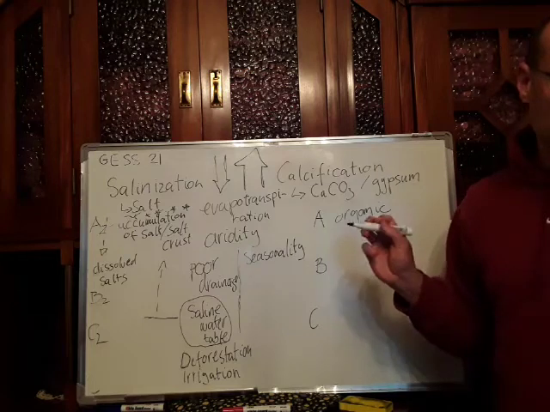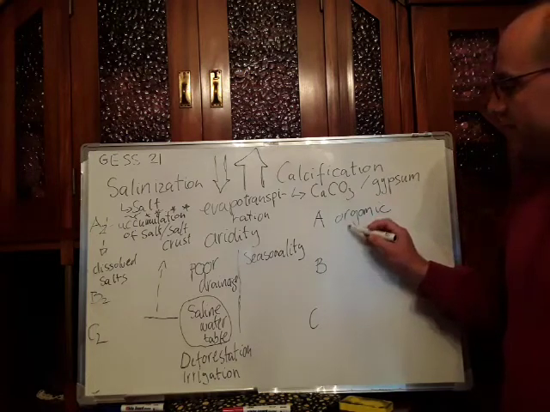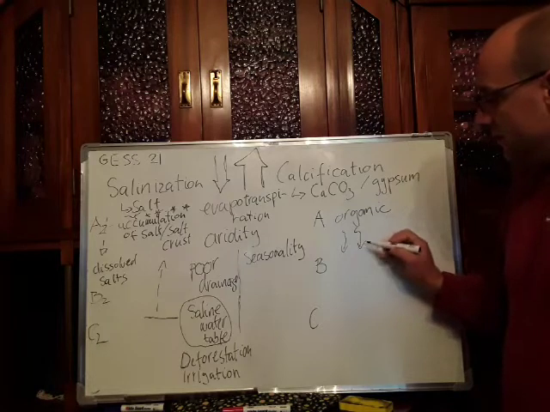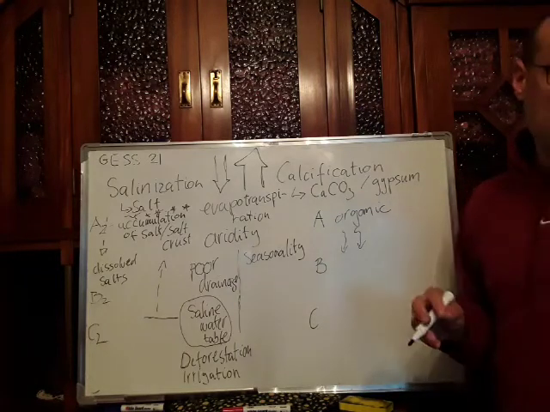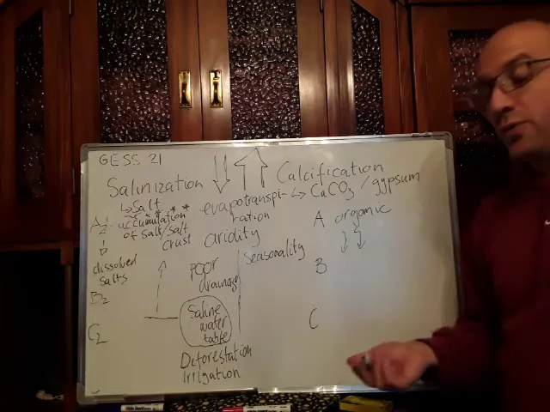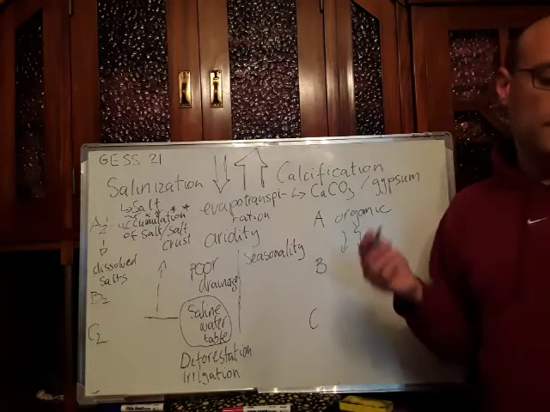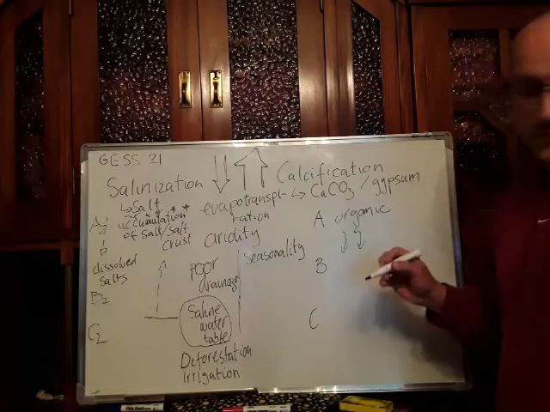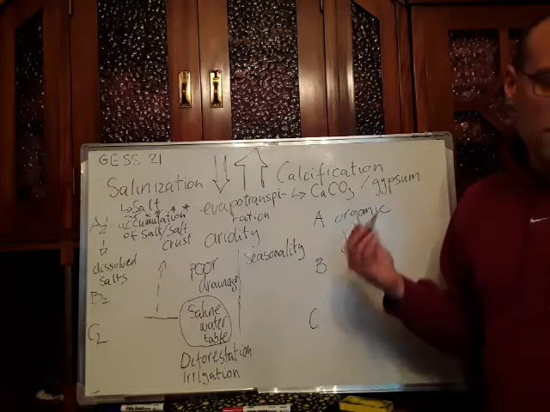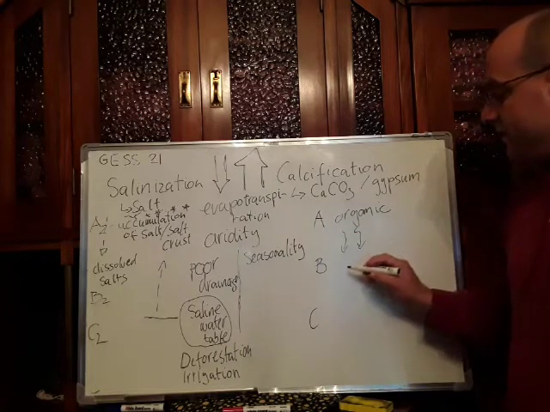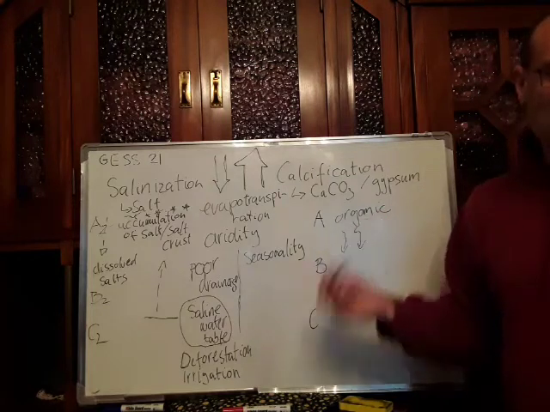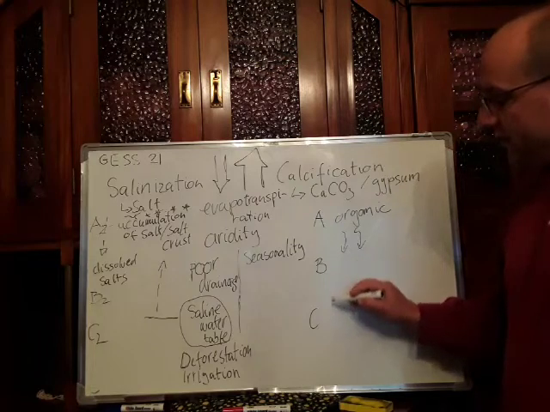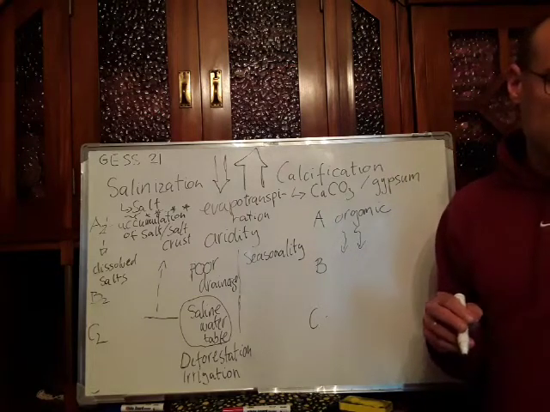That's fine as usual. But what happens here is that the seasonally happening downward percolation of the water, together with some of these carbonates and gypsum, will be able to end up in the B or the C horizon.